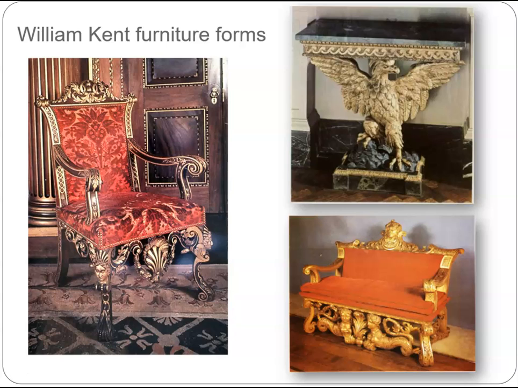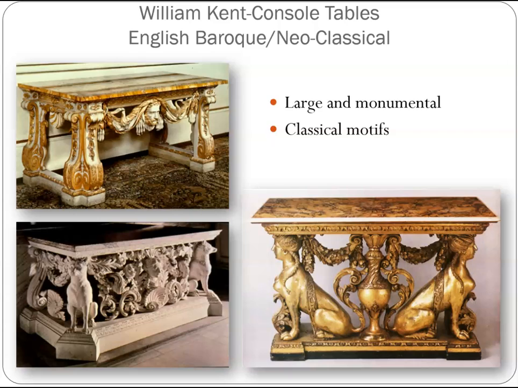So when we look at his furniture pieces, we see that Baroque influence clearly, but they are more refined and sophisticated than especially the Italian Baroque style. Here are a few William Kent council tables, and this is showing the transition between that English Baroque style and the English neoclassical style.